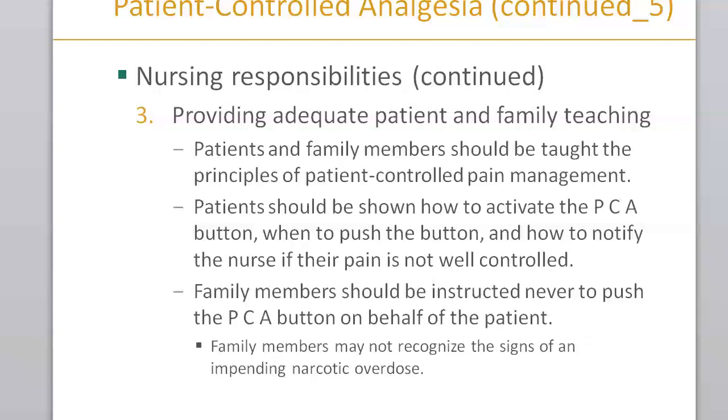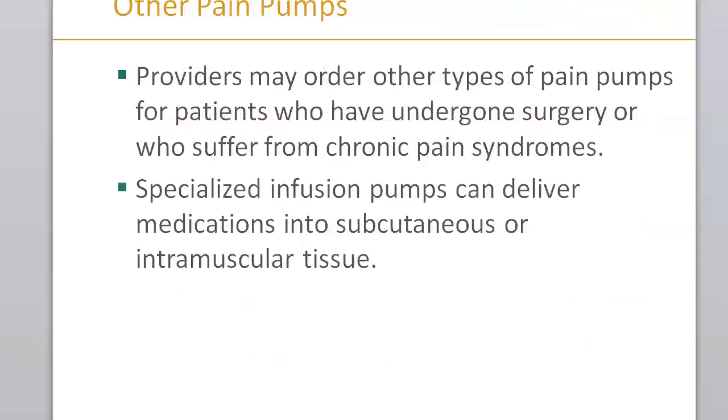Some of the other types of pain pumps. Providers may order other types of pain pumps for patients who have undergone surgery or who suffer from chronic pain syndromes. There are specialized infusion pumps that can deliver medications into subcutaneous or even intramuscular tissue as well.